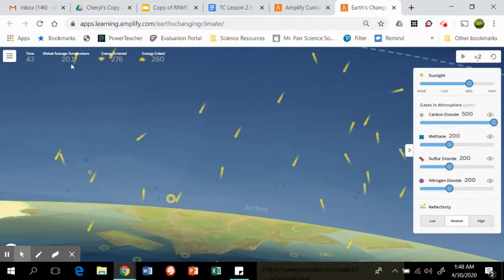You will notice that the global average temperature actually increased. In our last test, it was like 14.7 degrees Celsius. Now it's 20.1. We had more energy entering the system than what was able to leave the system. So therefore, that energy builds up and it warms up the Earth.